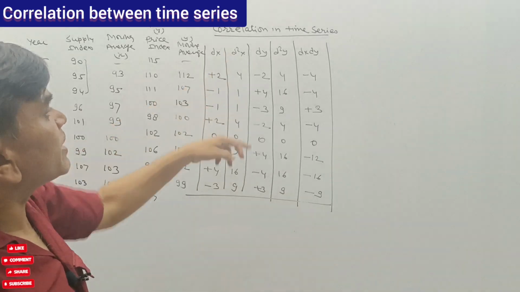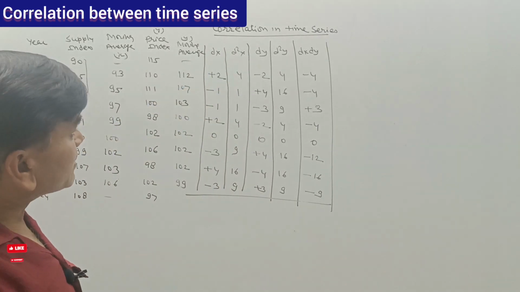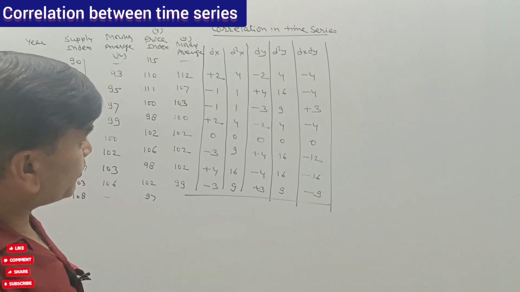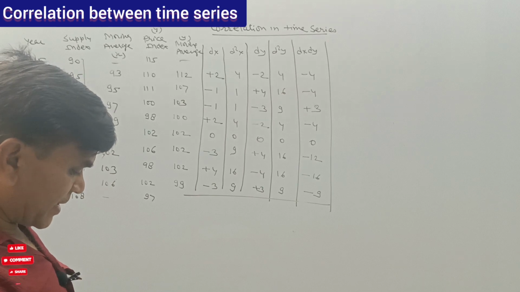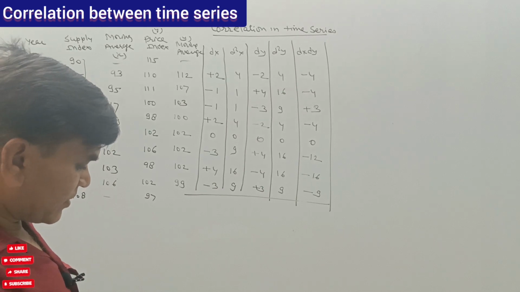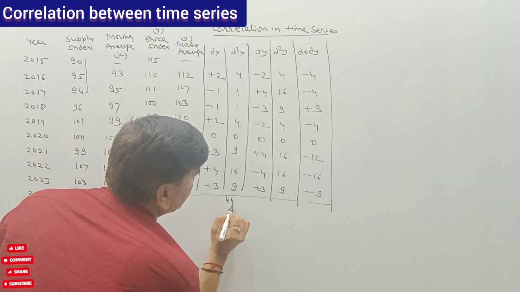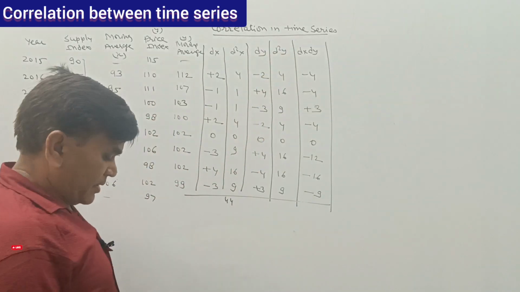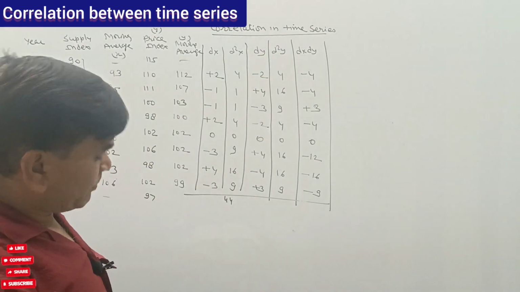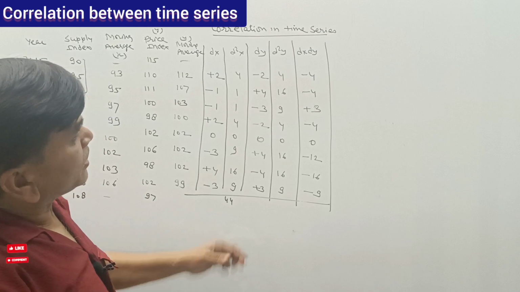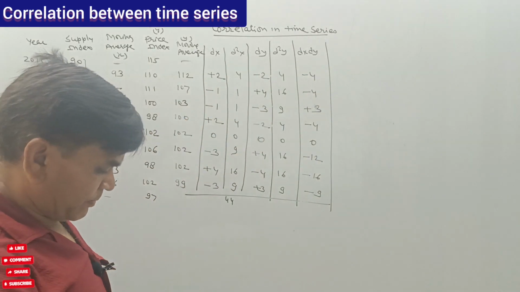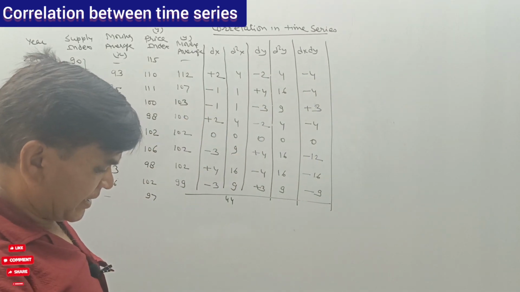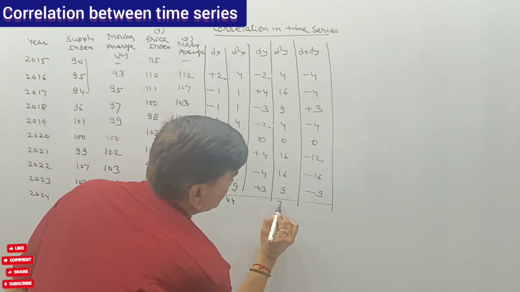First one, d square x, we require 4 plus 1 plus 1 plus 4 plus 9 plus 16 plus 9. So this value is 44. This also requires adding, that is 74.